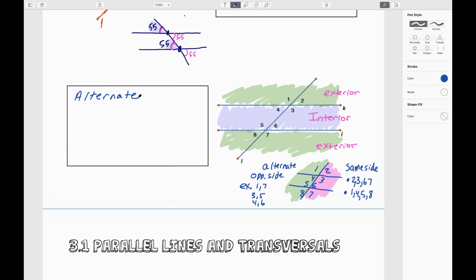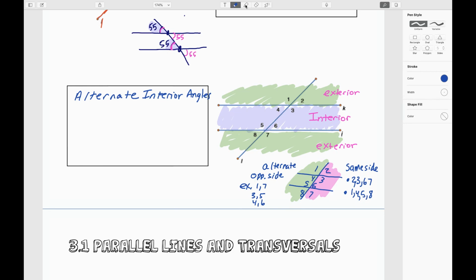And in these diagrams, depending on the diagram, it could be top and bottom. It just depends. So the alternate interior gives you a big clue where the angles are. Interior, alternate, they're not on the same side of the transversal. Interior, they're between the parallel lines.